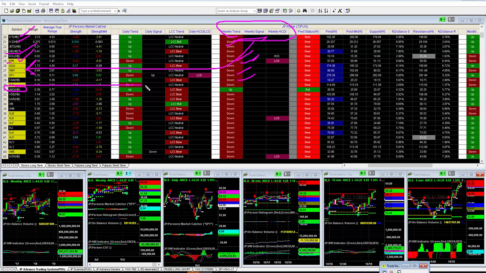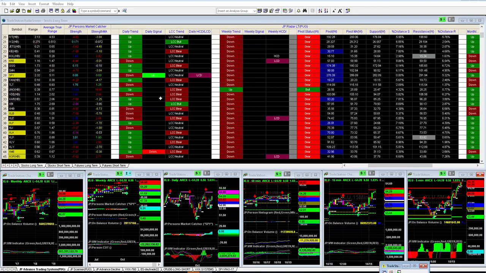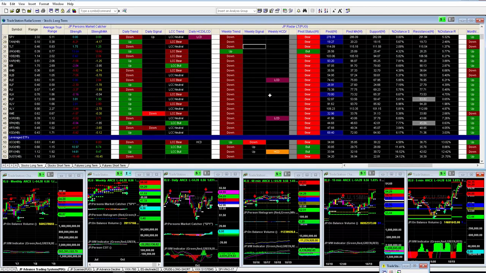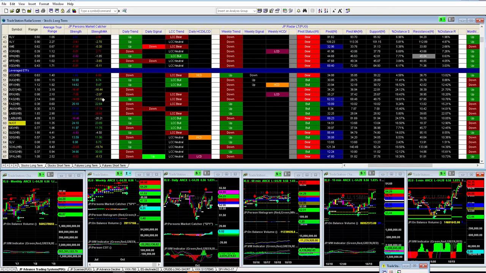That's it. We have TLT still down. Spiders, semiconductors, QQQs, aerospace defense, biotech, builders, materials, energy, financials, industrials, technology, consumer staples, healthcare, consumer discretionary, metals and miners. Down, down, down, down, down, down, down. Not a very warm and fuzzy feeling in the marketplace. How about individual stocks?